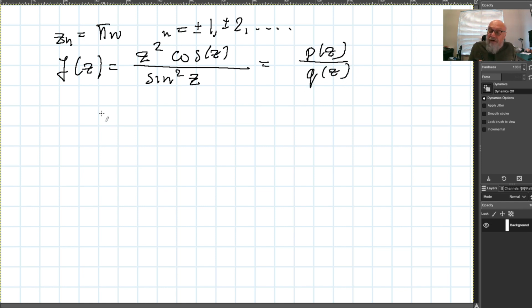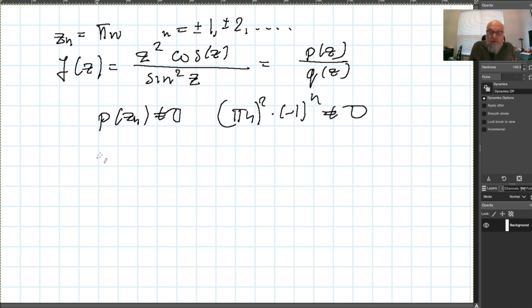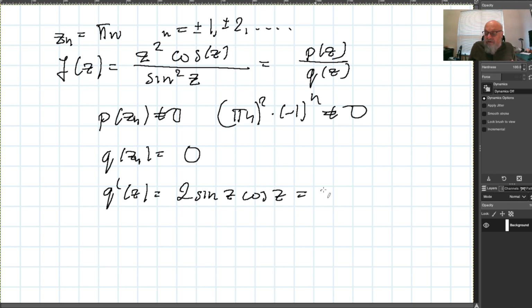We already know that p of zn is not equal to 0. It is clear because pi n squared times minus 1 to the power n is not equal to 0, and q of zn is equal to 0, but q prime of z, which is equal to 2 sine z cosine z, which is of course sine of 2z.